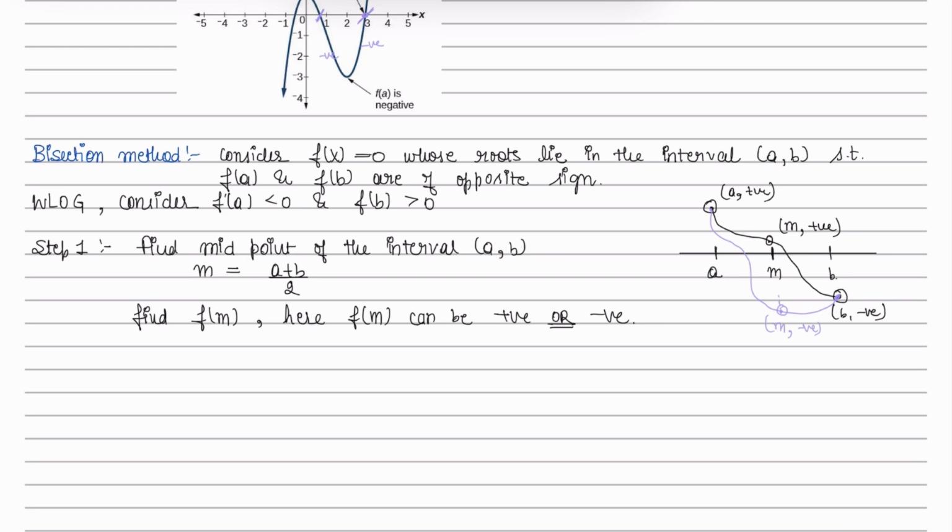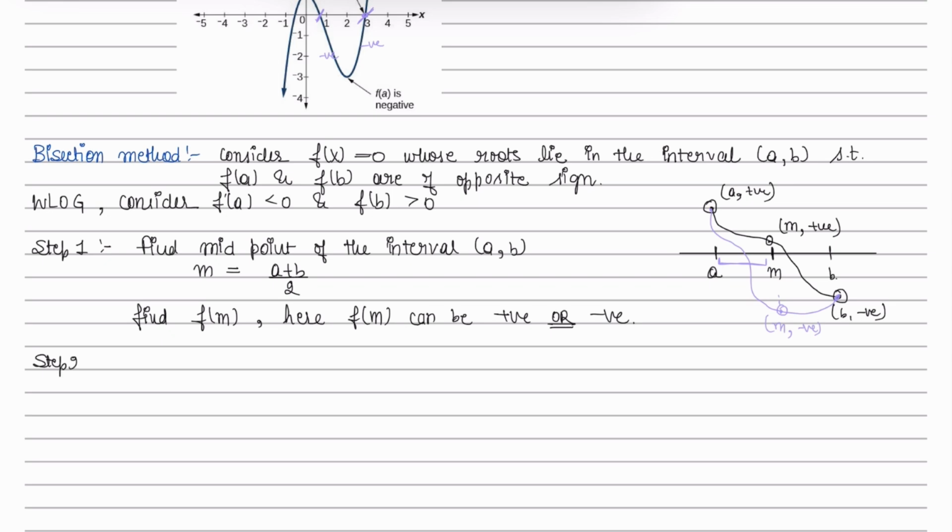So in this case the intermediate value property will hold in the interval a comma m. So we will update the value according to the nature of the function at the value m.